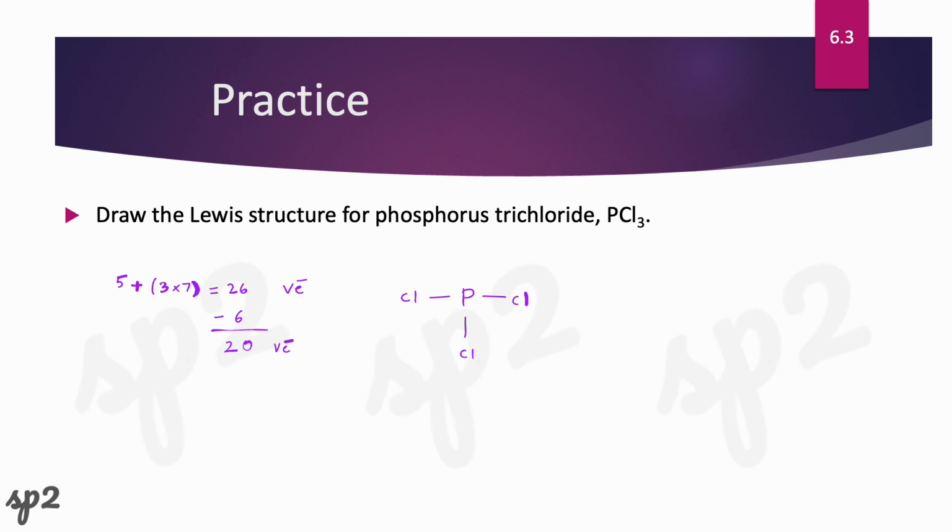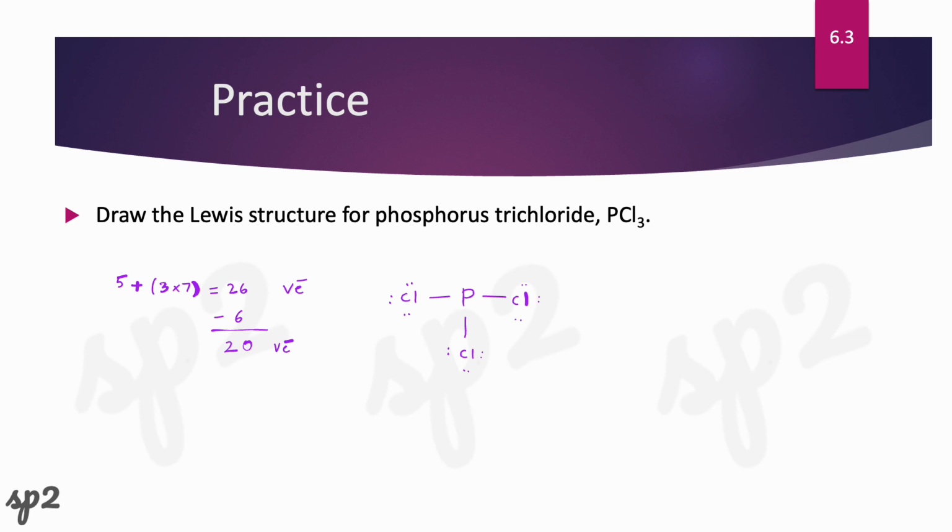This is my remaining electrons. Okay, then I need to go ahead and add these electrons as lone pairs, starting by chlorine. And I'm going to have 3 pairs here to satisfy the octet, right? So I have closed shell for chlorine here, here, and here.